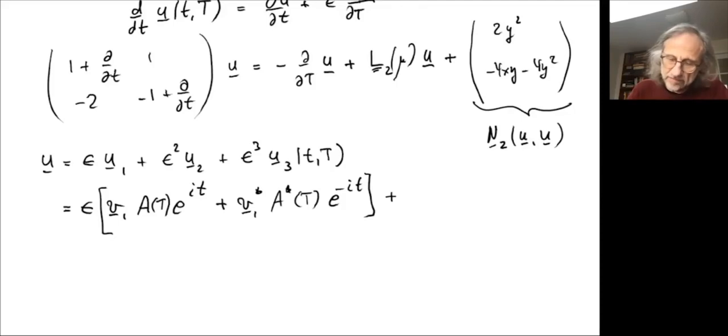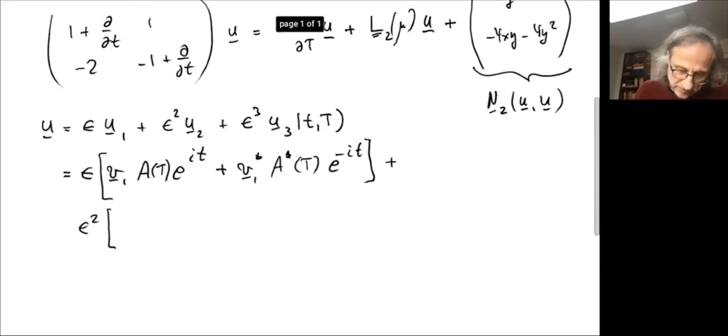Well, we have a nonlinear term here, which is quadratic. So that means if we square this u1, it will generate an e to the 2it, an e to the minus 2it, and it will generate an e to the it times e to the minus it, meaning a constant time-independent term. So we need to include in our terms at order epsilon squared terms of that type.